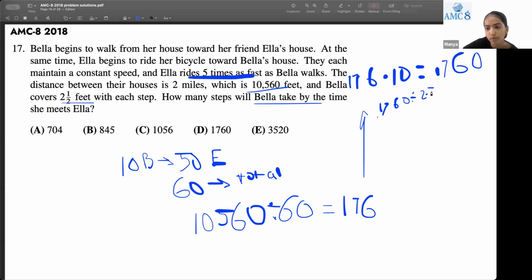If we solve that, we get 704. So that means she would have taken 704 steps by the time she meets Ella. And that's how we got our answer choice A, 704.